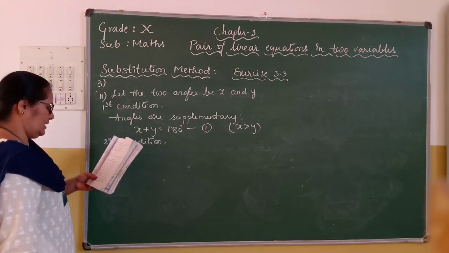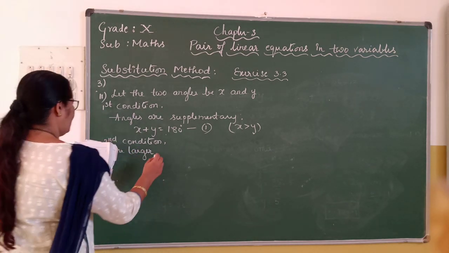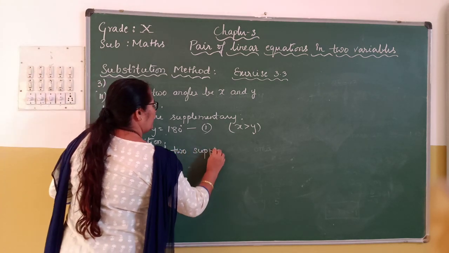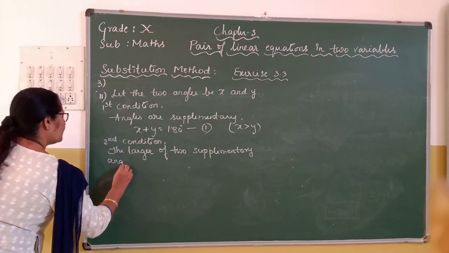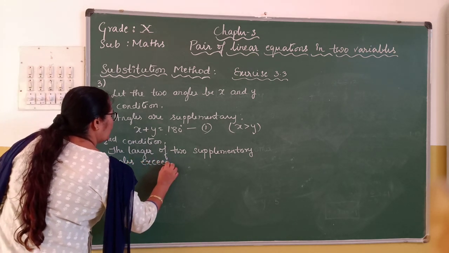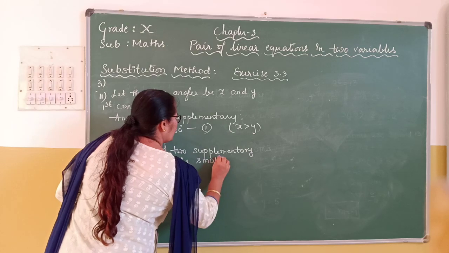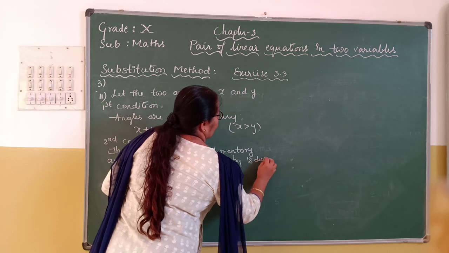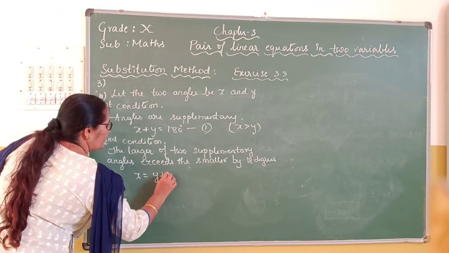X. So, the second condition is the larger of two supplementary angles exceeds the smaller by 18 degrees. That is, x equals y plus 18.